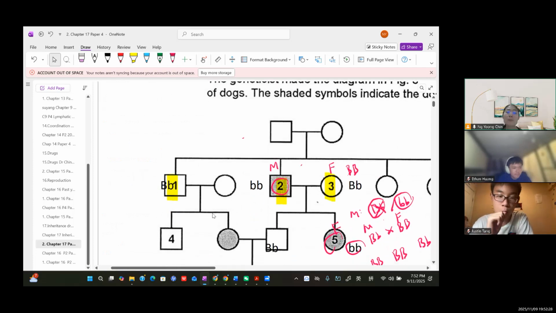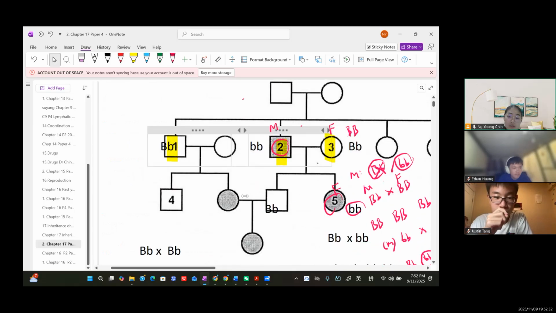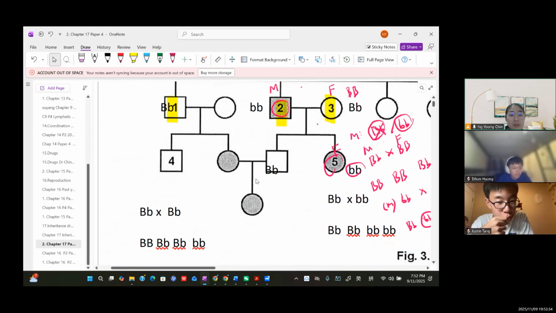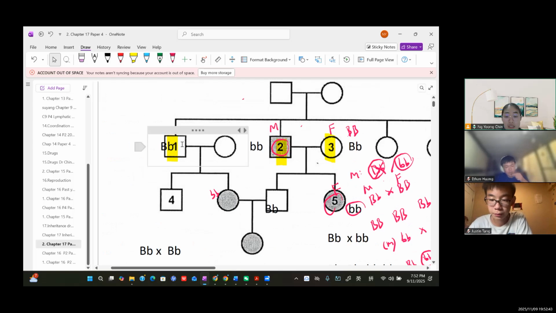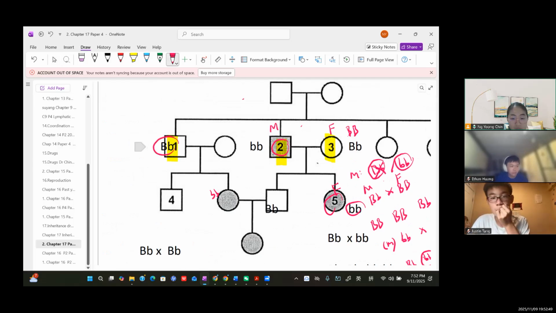Then same for number 1, okay, number 1. Finally, you get the offspring which is also small b, small b, right? So how can you get two small b? That means either one of the parents must be the carrier. So this carrier mixed with carrier, you'll be like this.